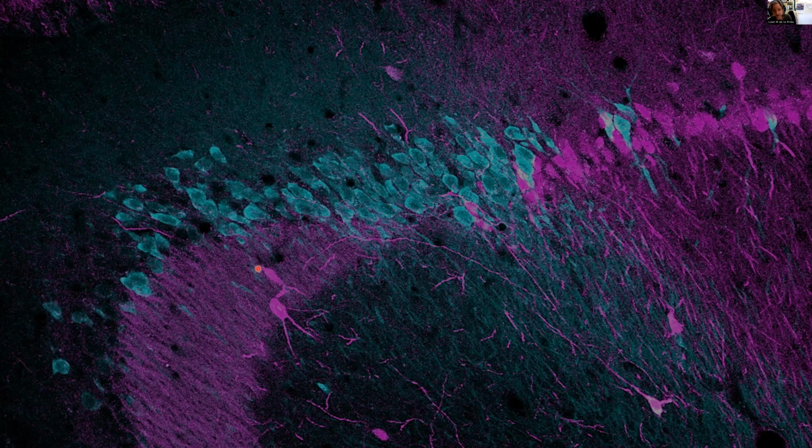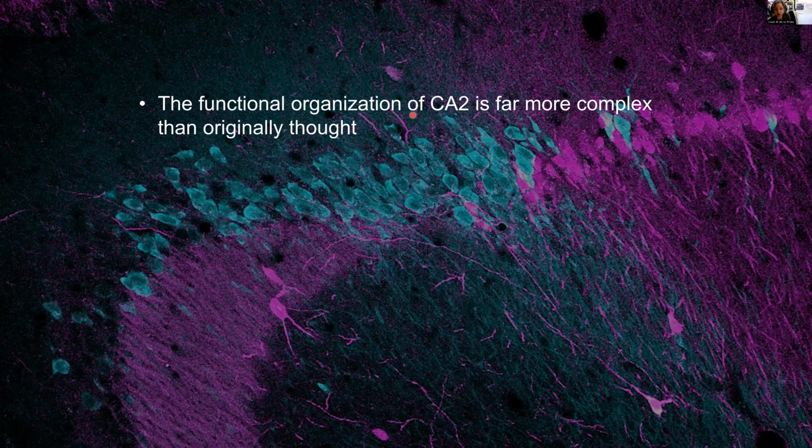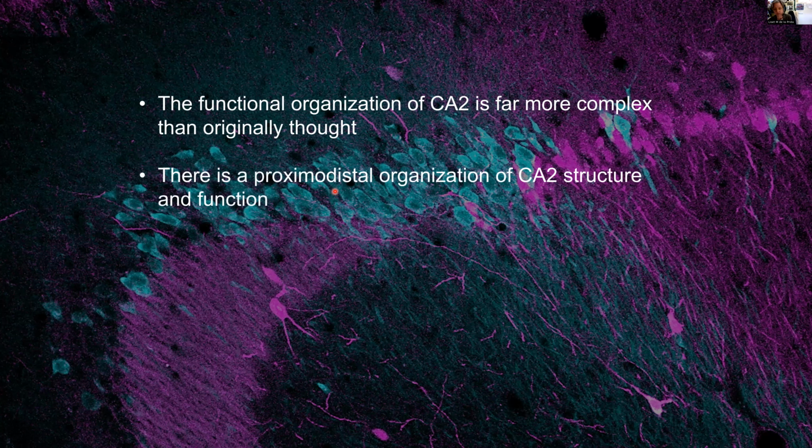So to finish, I hope some of these data from my lab could help to shed light on the functional organization of CA2, which is far more complex than we originally thought, and I think that this is something the community is also appreciating: that there is a proximodistal organization of the structure and function of CA2.